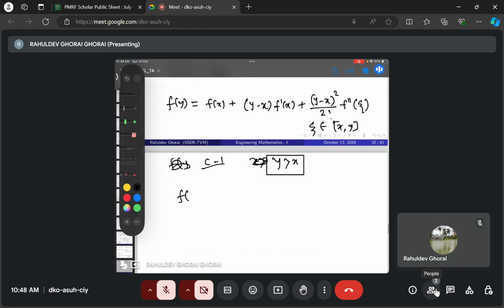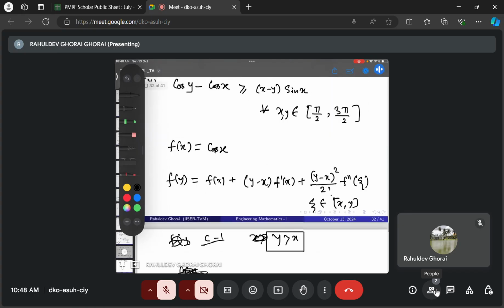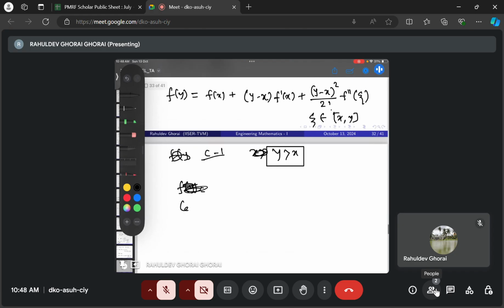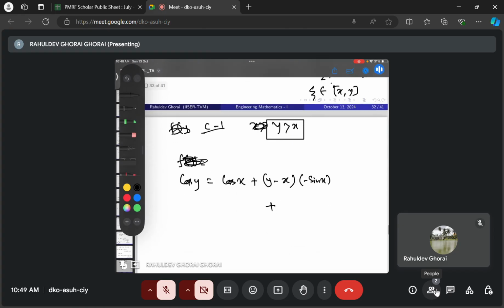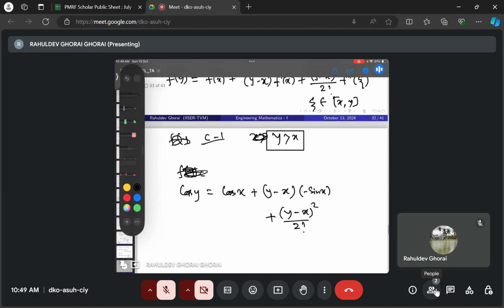Now f(y) will be equal to f(x), and f(x) is cos x, so f(y) will be cos y, which equals cos x plus y minus x times f prime x. If f(x) is equal to cos x, f prime x will be minus sin x, plus y minus x whole square over 2 factorial times minus cos xi, right?